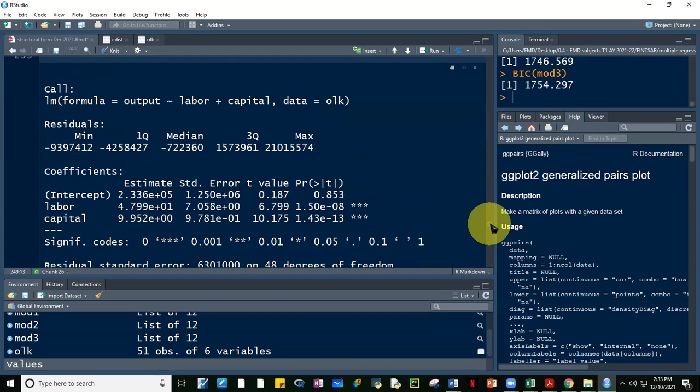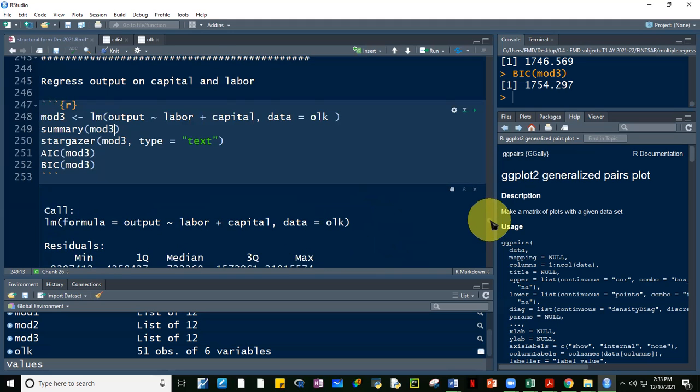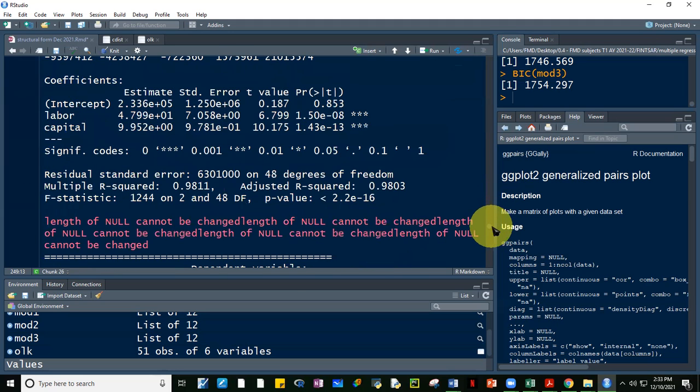Okay, question. Which is better, guys, model number 1 or model number 3? What is the adjusted R squared of model number 1?